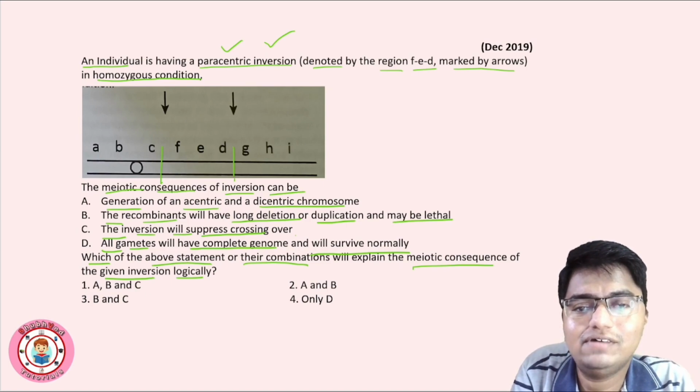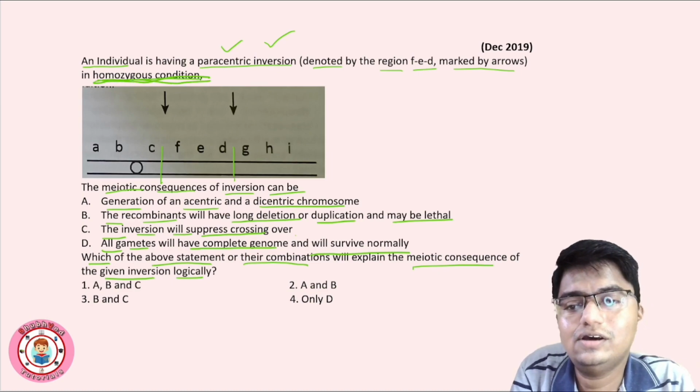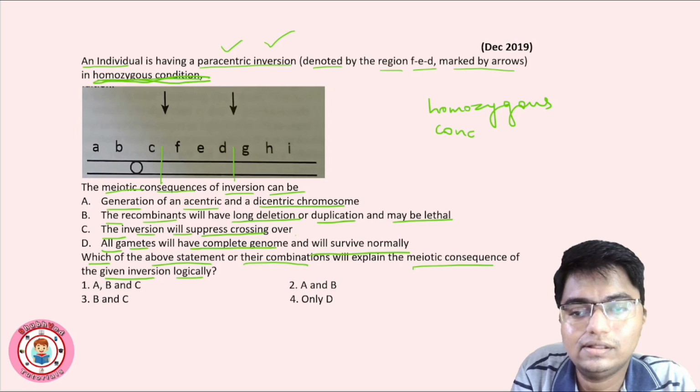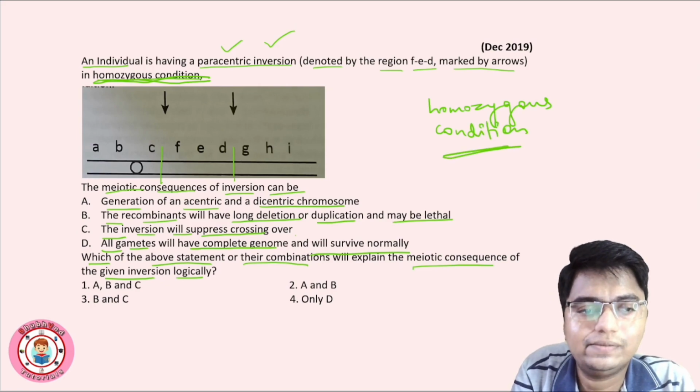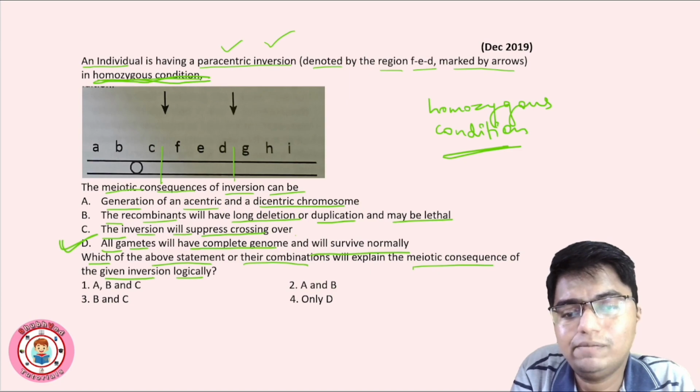क्वेश्चन को रीड करते वक्त ध्यान से पढ़ना है. Here is the trick. Homozygous condition. अगर homozygous condition है, in that case there is no worry. तो यहाँ पे all the gametes will have complete genome and will survive normally.